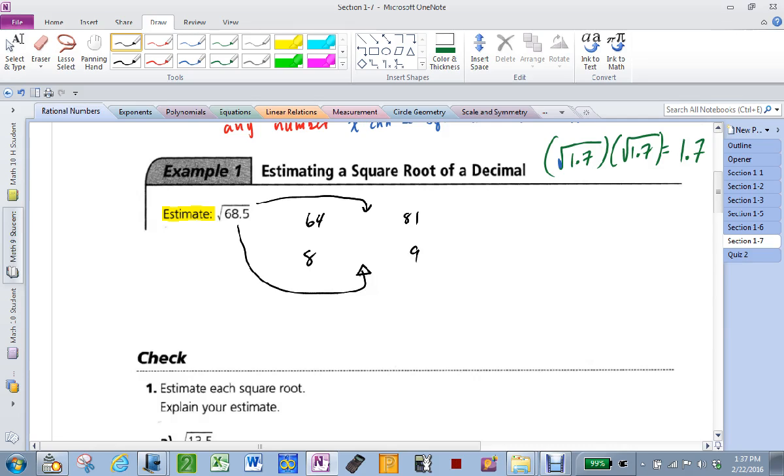Yeah, it does. Now, can we go better than between 8 and 9? Because how many numbers indeed exist? Infinite numbers exist between 8 and 9. So how can we give a better estimate than between 8 and 9?